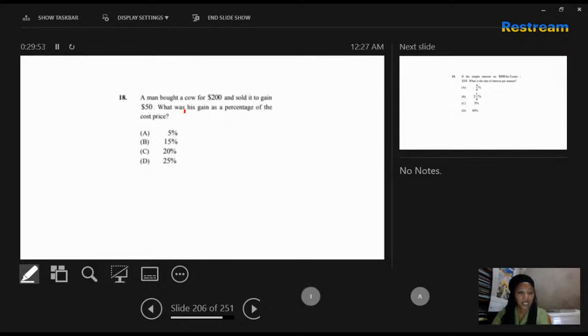They want the gain as a percentage of the cost price, so the $50 is over the 200. That is 25%.